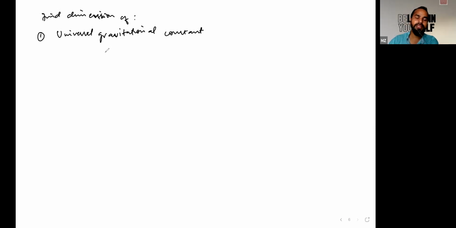So for this universal gravitational constant, let the force between any two point masses be equal to G, the product of masses divided by the square of the separation between them. So from this, try to bring this particular capital G to one side and the rest of the terms to the other side.